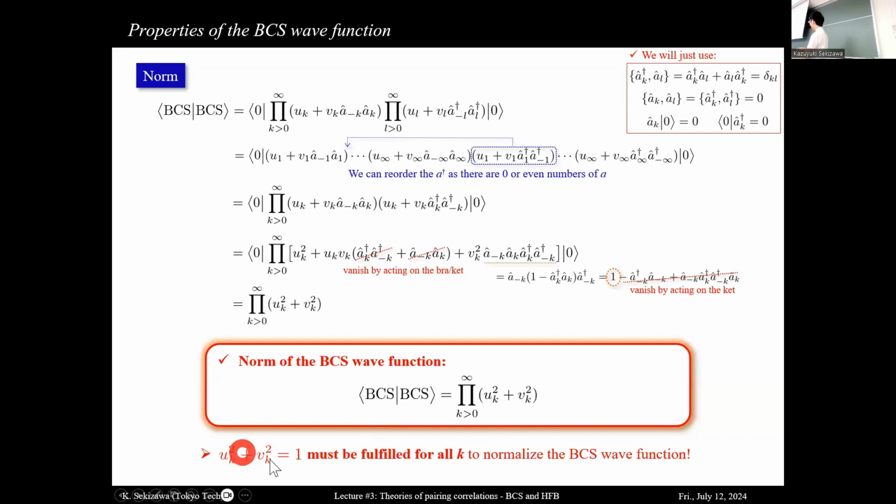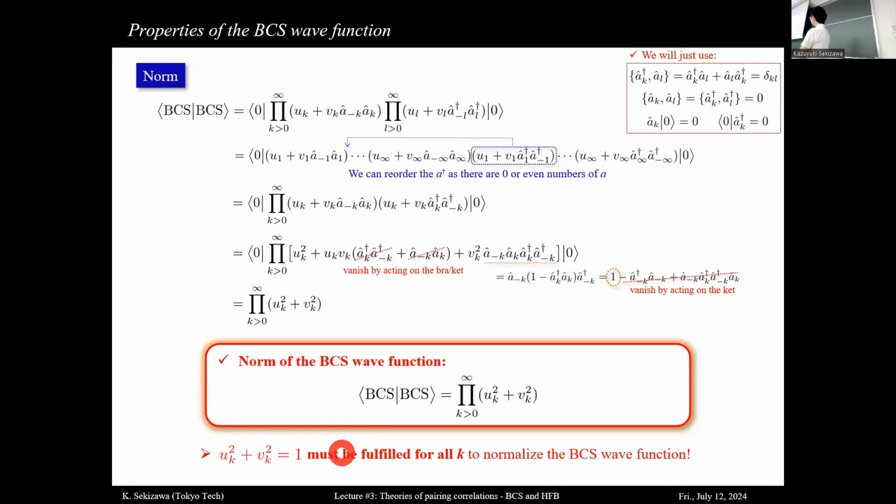This is an important consequence: the amplitudes UK and VK satisfy this equation for all states K. I will explain the meaning later.